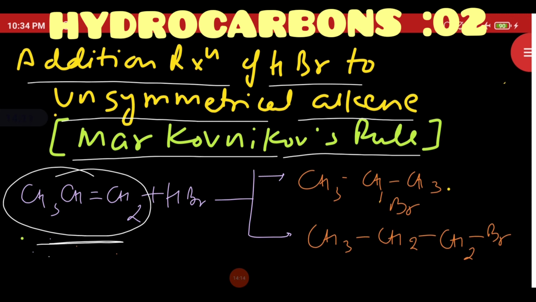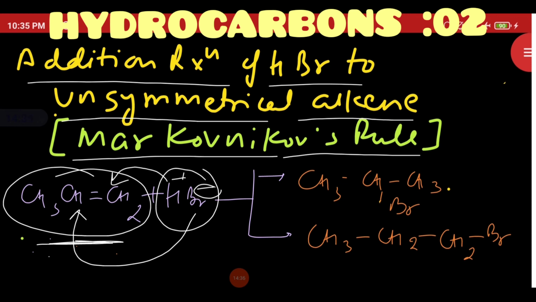When a hydrogen halide is added to such an alkene, the negative part of the addendum attacks the carbon which possesses the lesser number of hydrogen atoms, and the positive part attacks the carbon atom having more hydrogen atoms. In this sense, 2-bromopropane should be the major product. This is what Markovnikov's rule says.